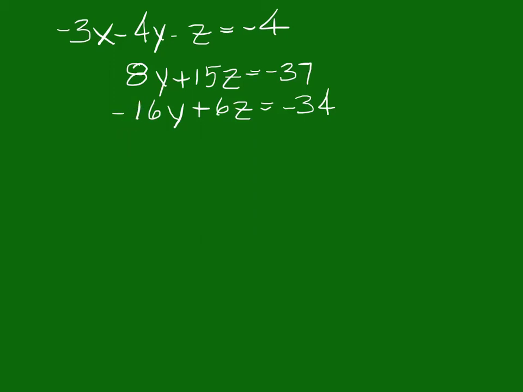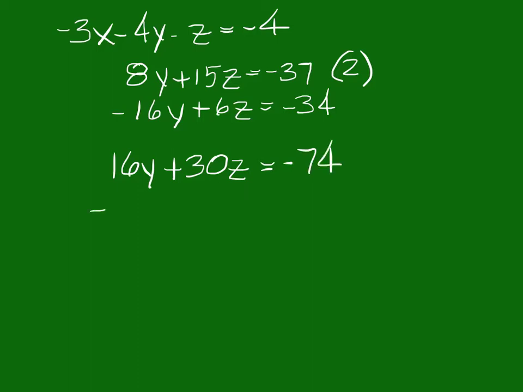Multiply by 2. So we want to multiply this middle equation by 2 so that we can get a 16 here. So if you multiply the middle equation by 2, you get 16y plus 30z equals a negative 74, and then negative 16y plus 6z equals negative 34 stays the same.